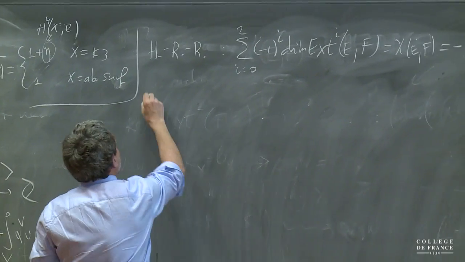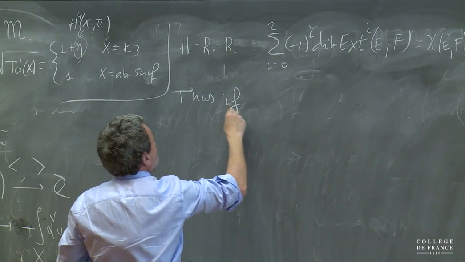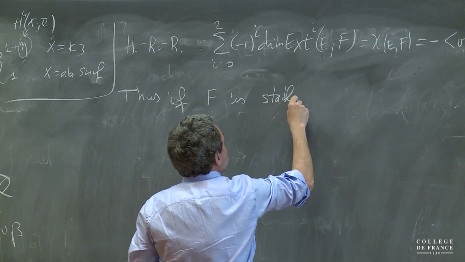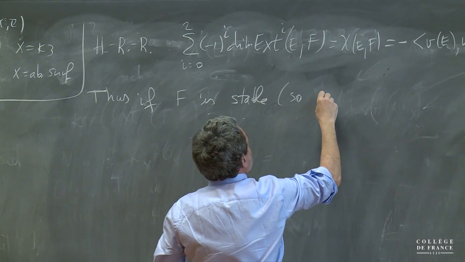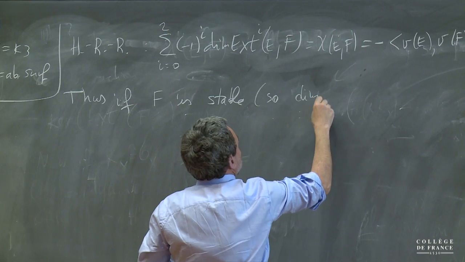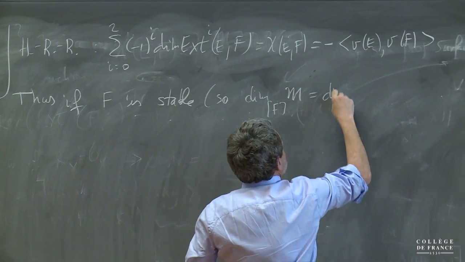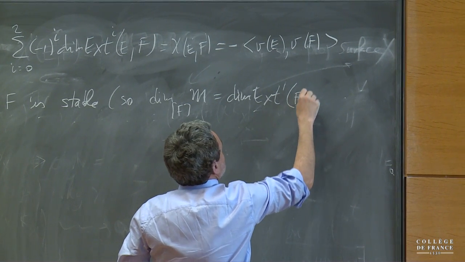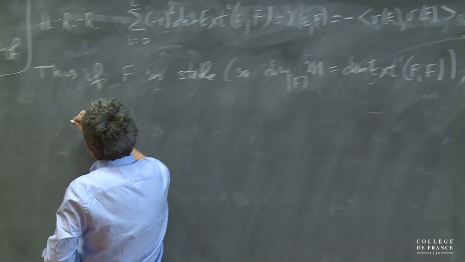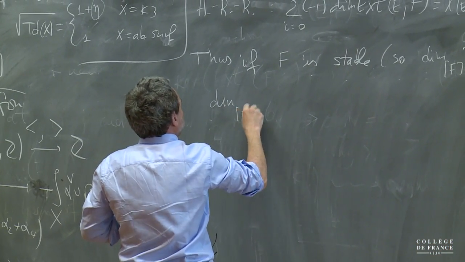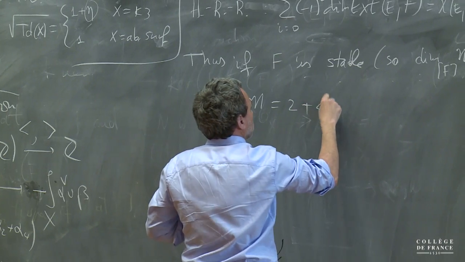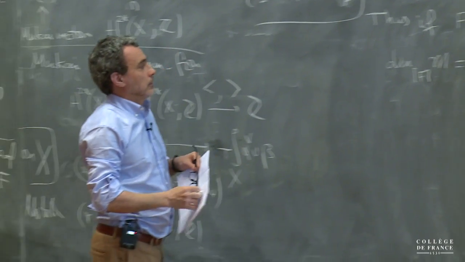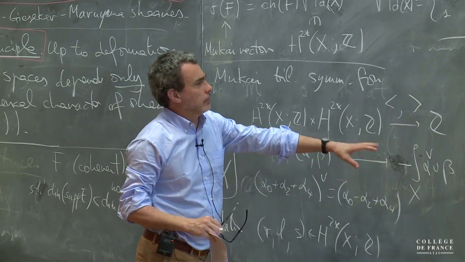Thus, if f is stable, we get that the dimension of Ext^1(f, f) is 2 plus v squared. So that explains why we have a minus sign here.